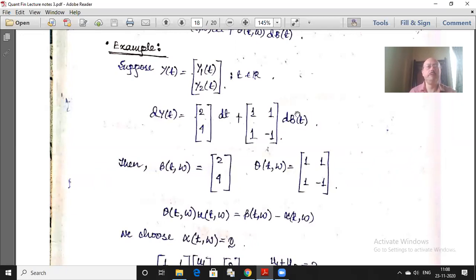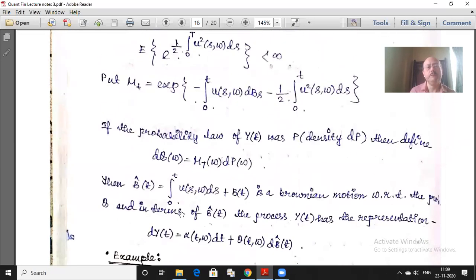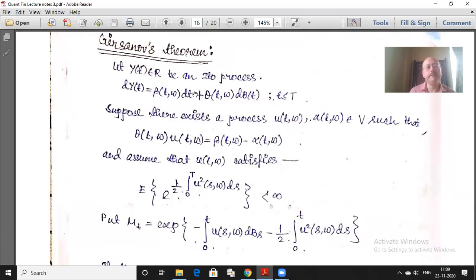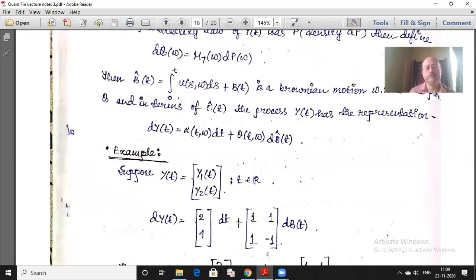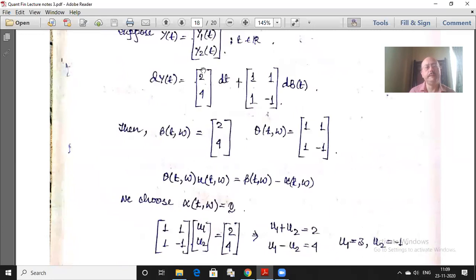So of course dB is also 2-dimensional. So basically I have 2 sources of uncertainty. The first one is the sum of the two random parts, and the second one is the difference of the two random parts. Trend is 2 and 4. So that is my dy. So I know what is beta and theta. My beta is exactly this column here, and theta is this 2 by 2 matrix here.